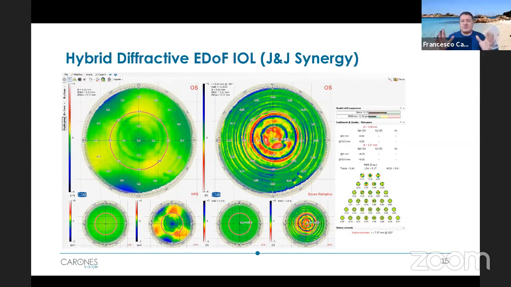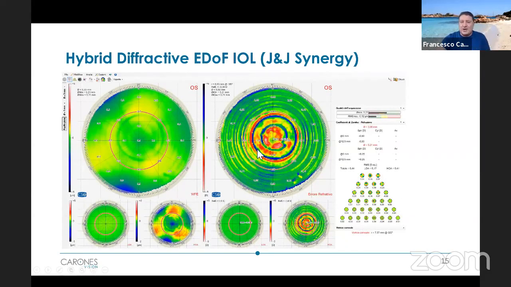But in this case, with the Synergy, the elongation has not been set in between distance and intermediate as for the Symphony, but more in between intermediate and near. And I think that this image really represents pretty well what the Synergy does.